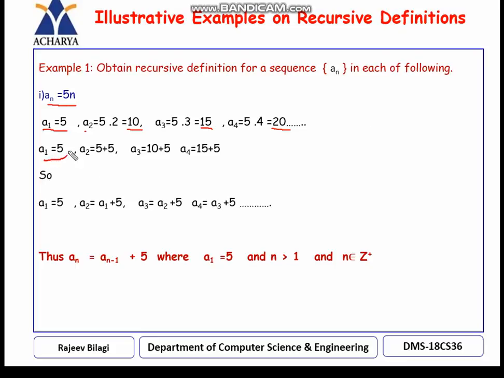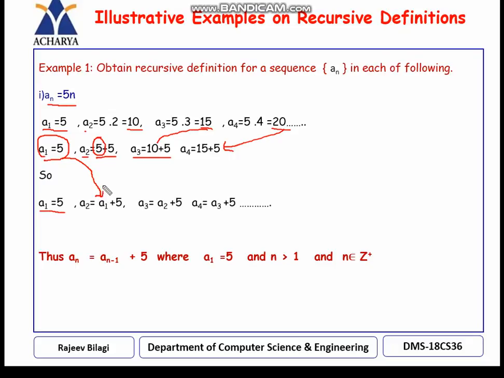Now a1 is equal to 5. If I write a2 as 5 plus 5, a3 as 10 plus 5, which is 15, then this 20 I can write as 15 plus 5. That is a1, a2, a3, a4. Now a1 is equal to 5, and in a2, instead of this 5 I can substitute a1.